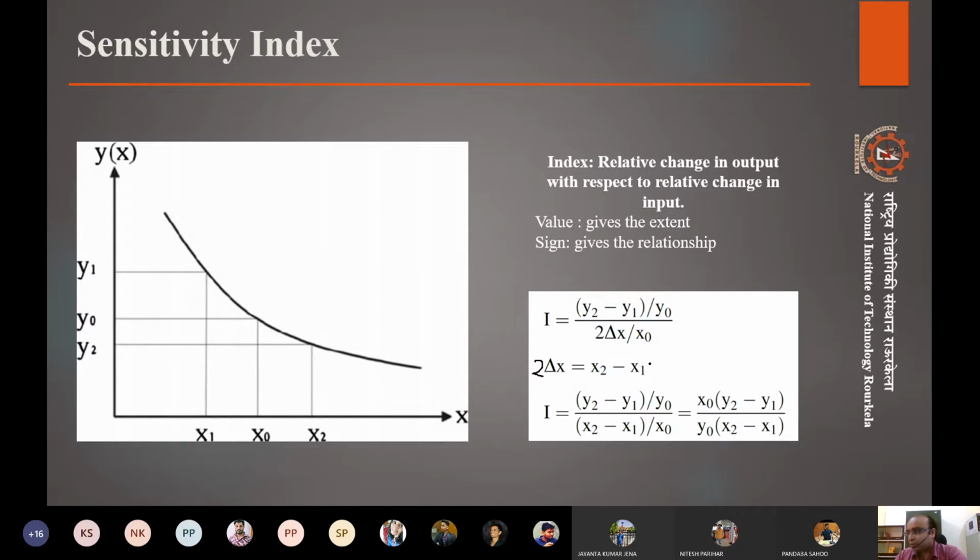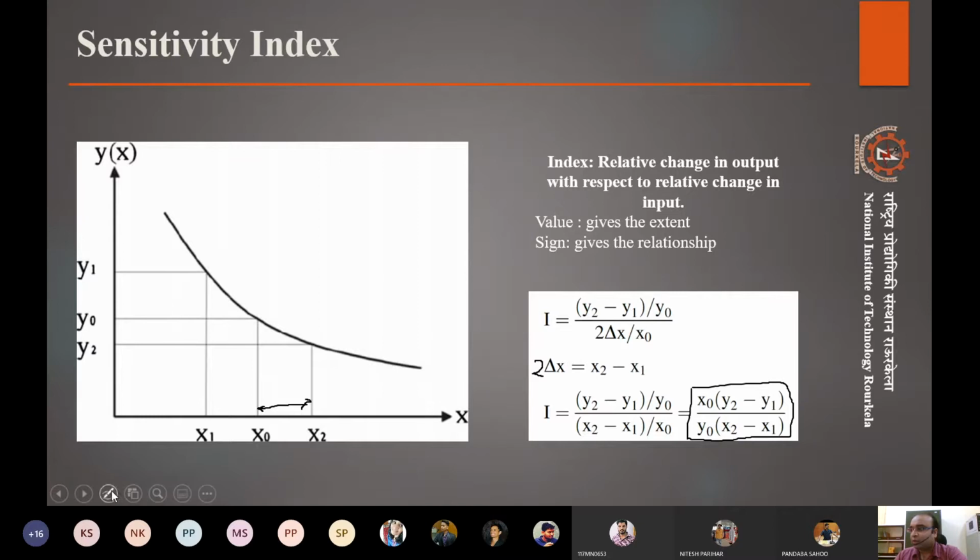So 2 delta x can be x2 minus x1, right? Because this is the delta x between these limits. So x2 minus x1 can be replaced, and this is the very easy formula to give us a sensitivity index of any type of parameter or any type of situation.